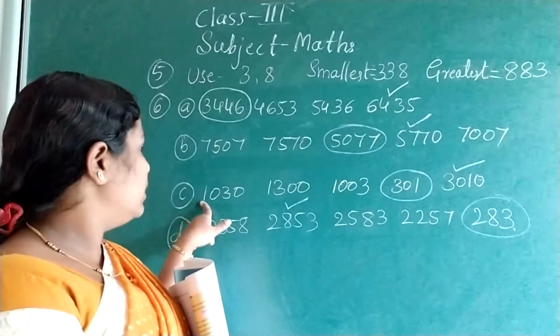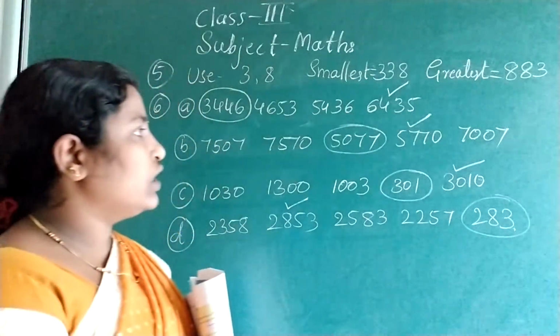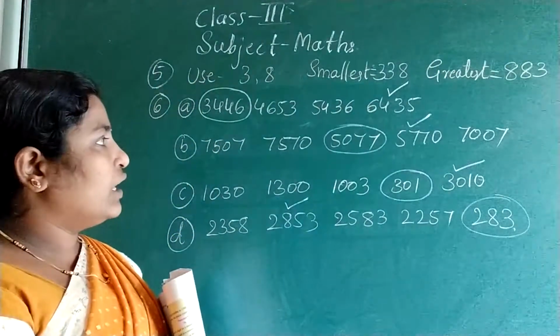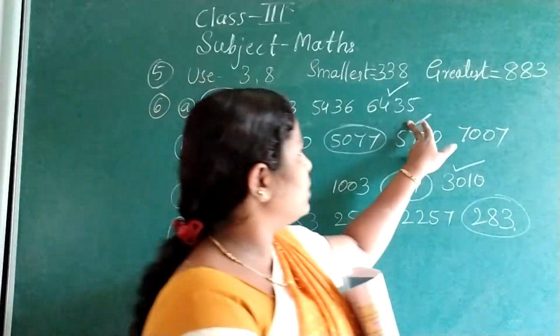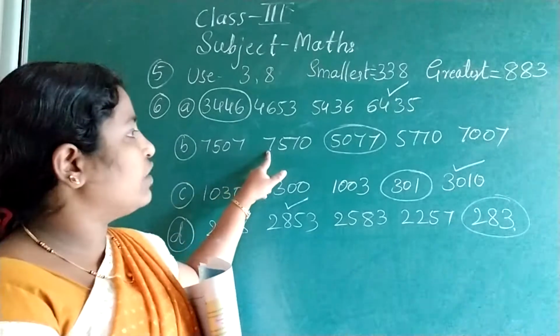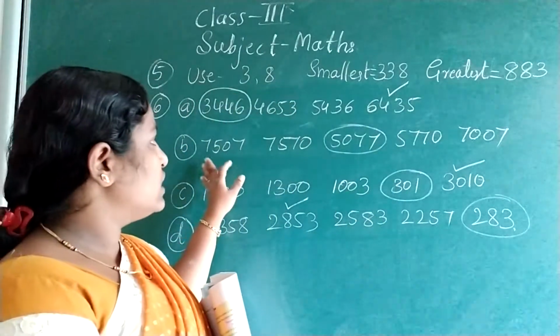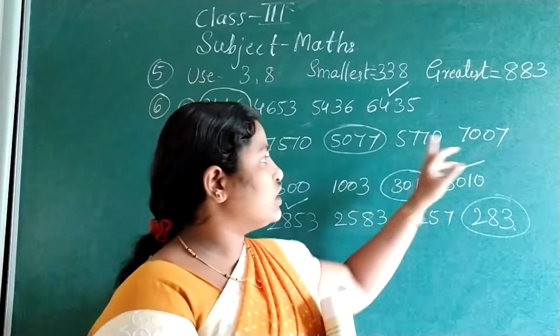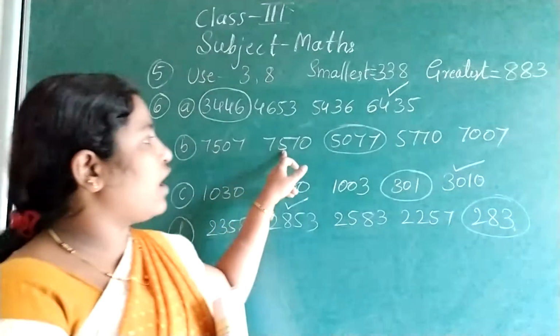Then I checked 1000, 1000, 1000, 3000. So 3000 is the biggest number. So is this correct? No, this is not correct. Actually 7000, 7000, 5000, 7000. So 3 7000s are there. We should check with the hundreds place. 500, 500.